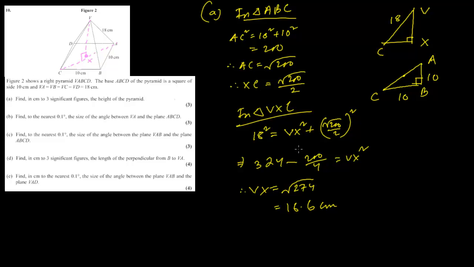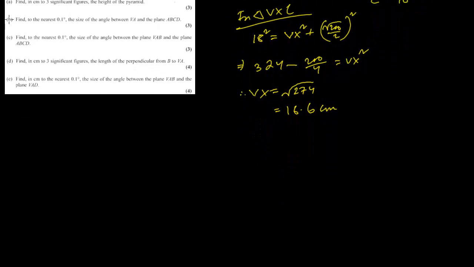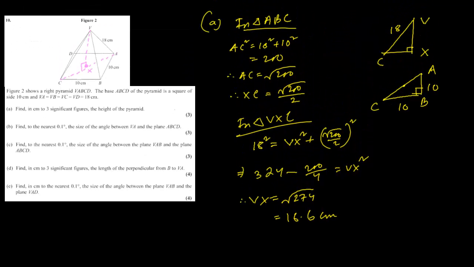So question number B. Question number B is the angle between VA and the base. The angle between VA, this slant line, and the base, this ABCD, is going to be like this.